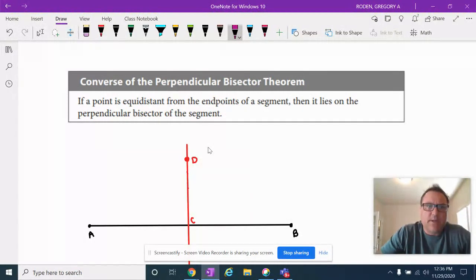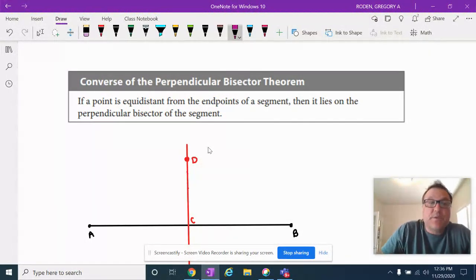Converse of the perpendicular bisector theorem: if a point is equidistant from the endpoints of a segment, then it lies on the perpendicular bisector of the segment. Go ahead and pause Mr. Roden right now, and copy down this picture and theorem.